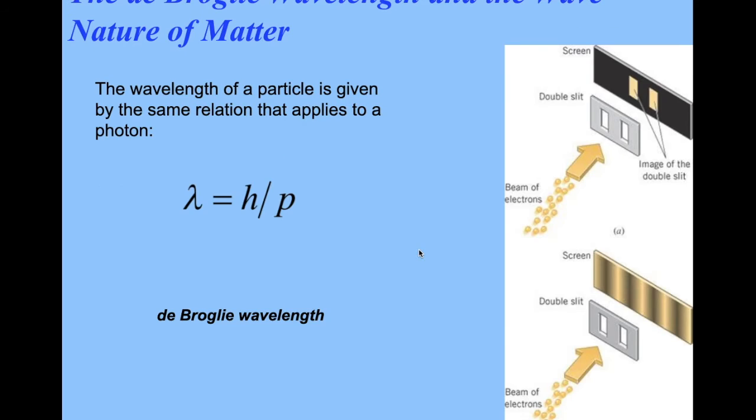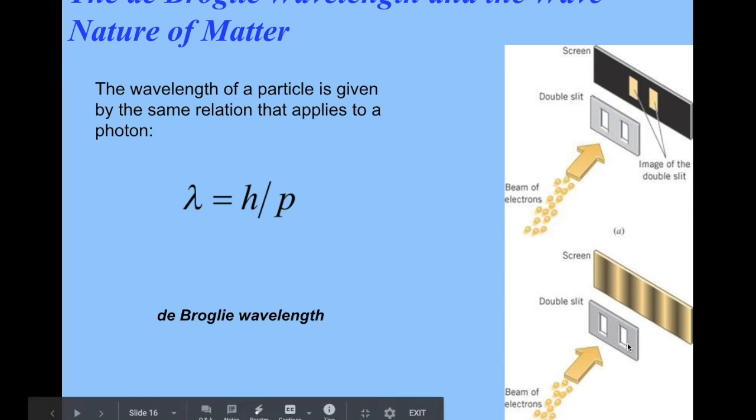Furthermore, and this is kind of deep, we talked about before that if we have double slit diffraction on light waves, you get a diffraction pattern that shows up. If you shot particles, you would expect the particles to go straight through the slits and show up right on the screen behind it. But that's not what de Broglie found.